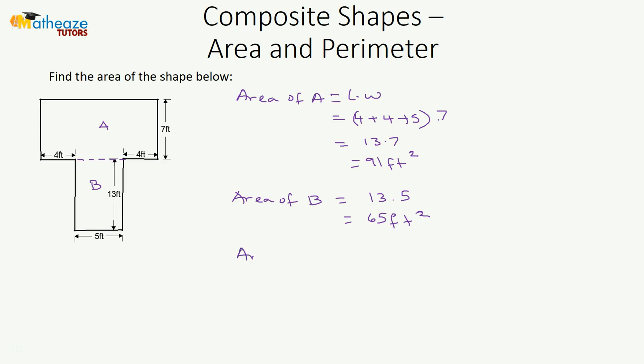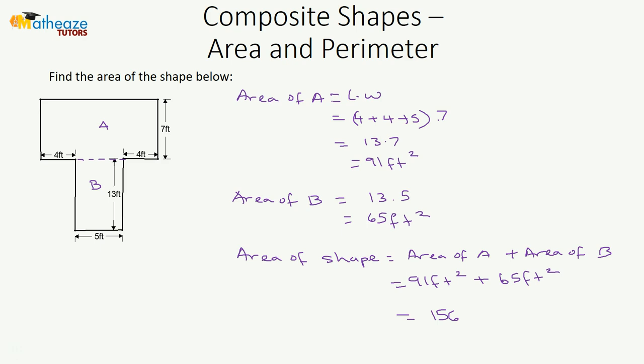So the area of the composite shape is going to be area of A plus area of B, which is equal to 91 square feet plus 65 square feet, which is going to give us 156 square feet.